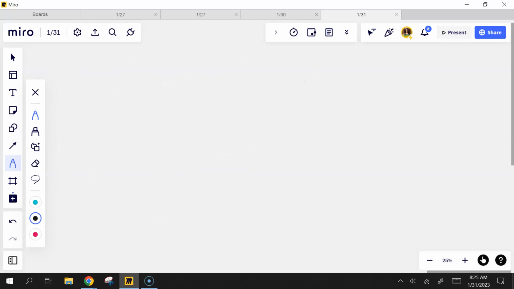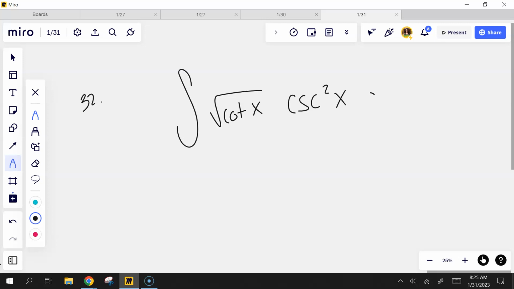How about this one? That was it. That was easy, right? There was no u sub on that one, if you recognize that it was secant squared or cosecant squared anyway.